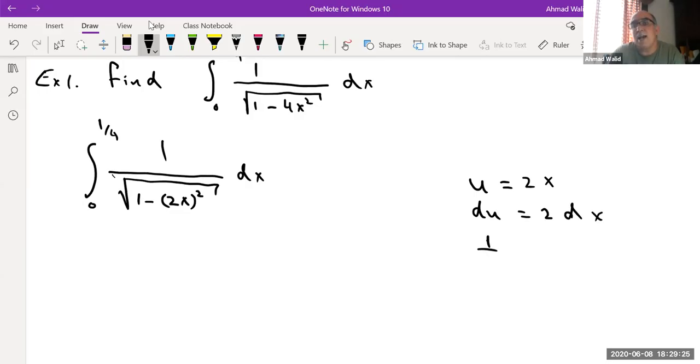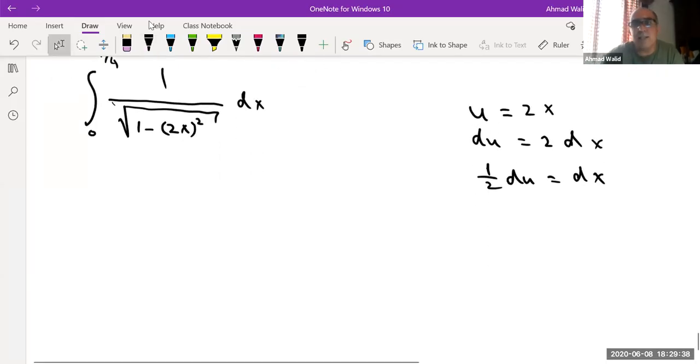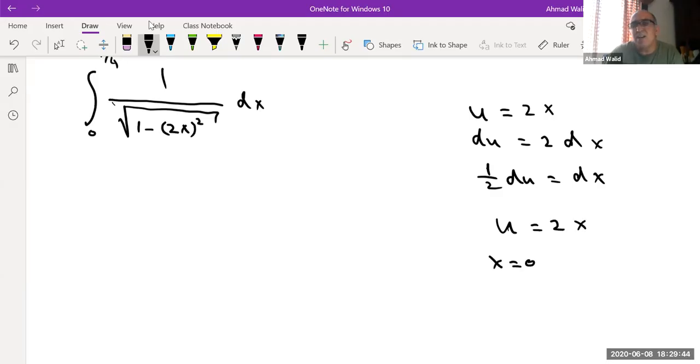It means 1/2 of du will be dx. Because I have bounds, lower bound and upper bound, I will change the bounds also, correct? If u is equal to 2x, when x is equal to 0, it means u equals 2 times 0, which gives you 0.